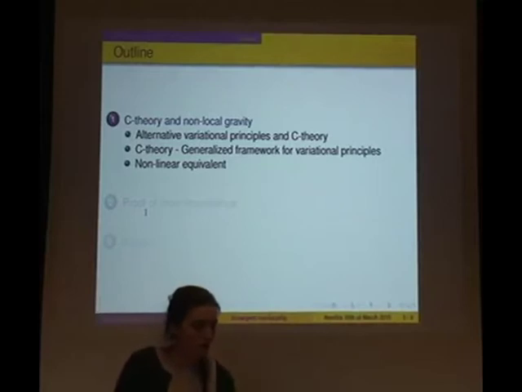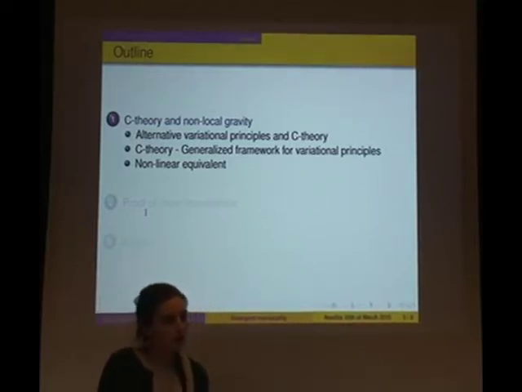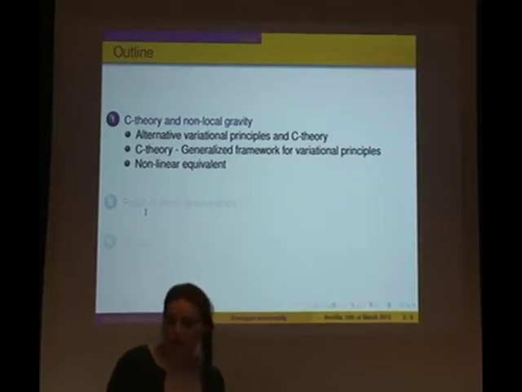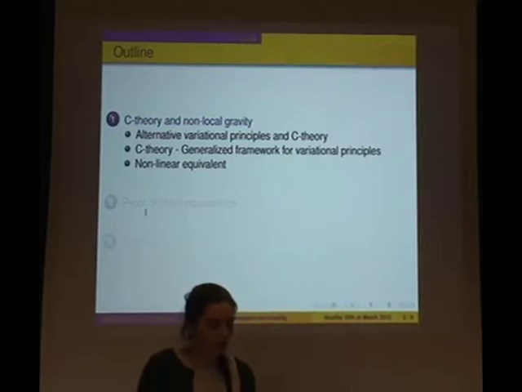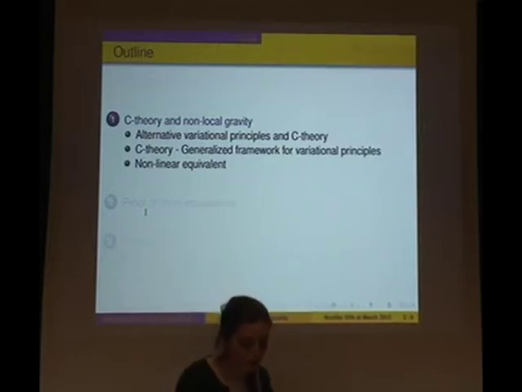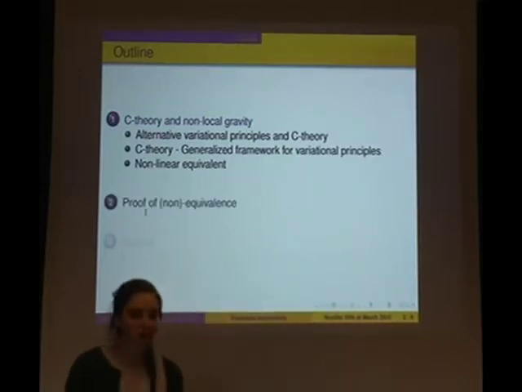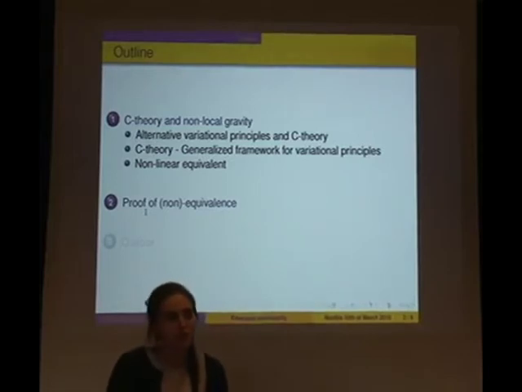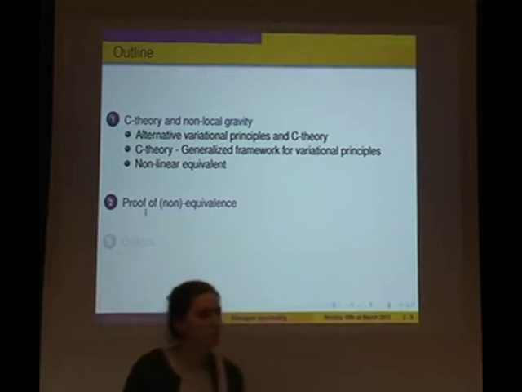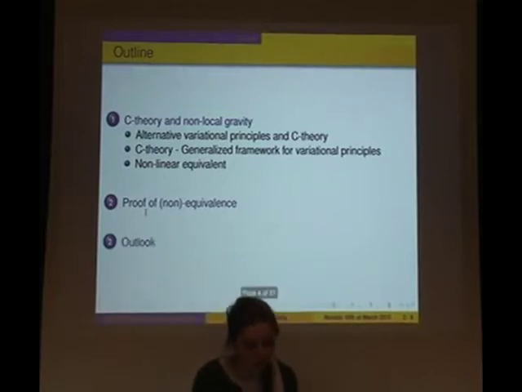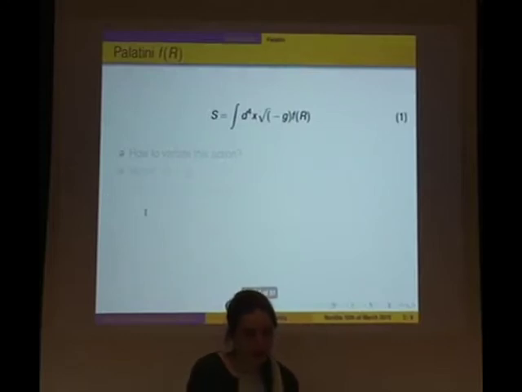So the outline is that I'm first going to present this C theory and something about the non-local gravity that we think is vaguely related, at least. Originally this was going to be a proof of equivalence, which doesn't exactly hold. It's going to be a proof of non-equivalence. And then I'll give you an outlook after that.